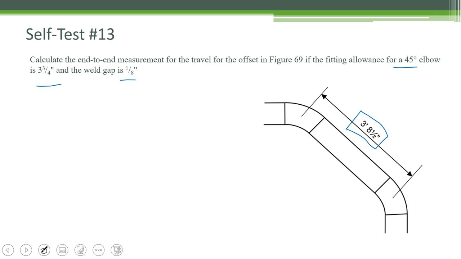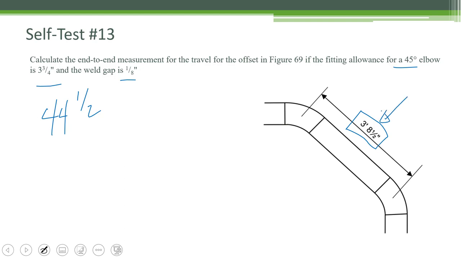If you want to convert this just to inches, you could do that. Whatever you think's easier. I'll convert it to inches and convert back. So I'll just go 3 times 12, 36 plus 8, so it's 44 and a half inches.